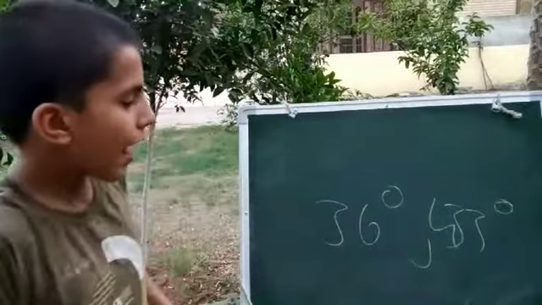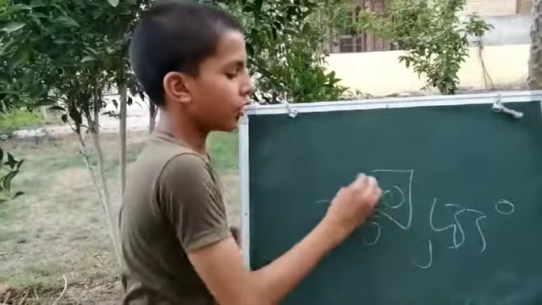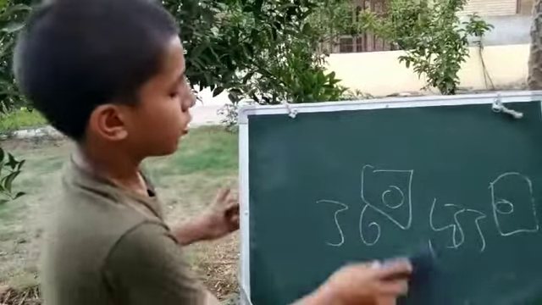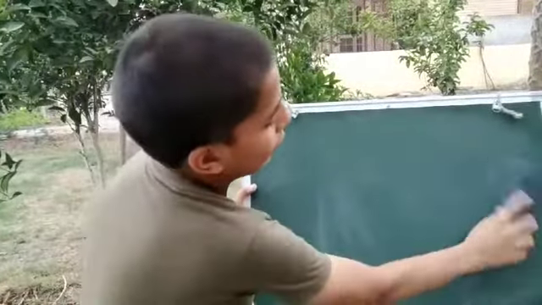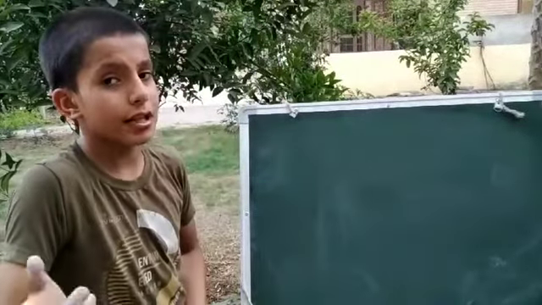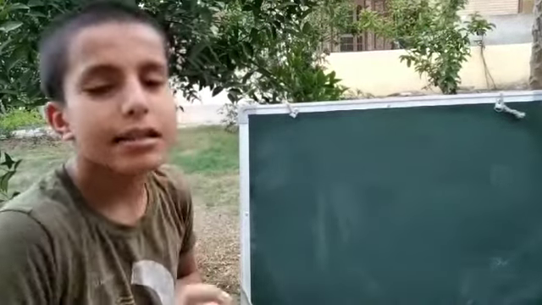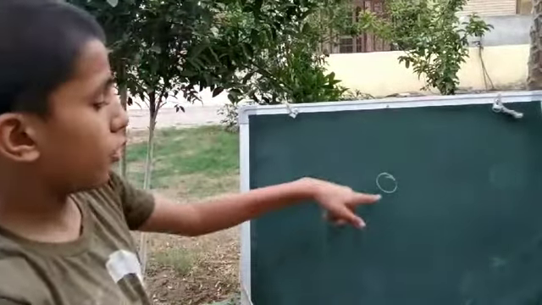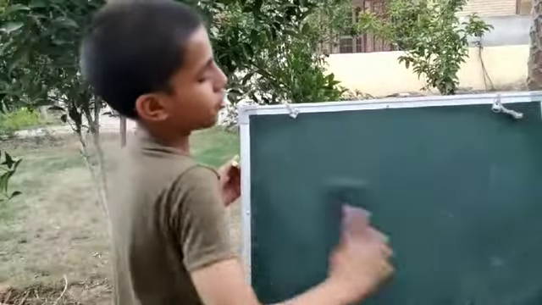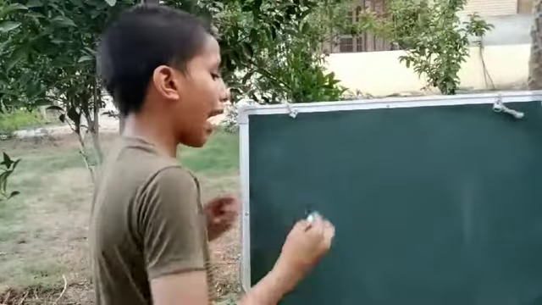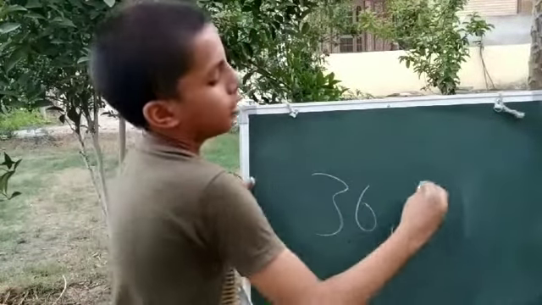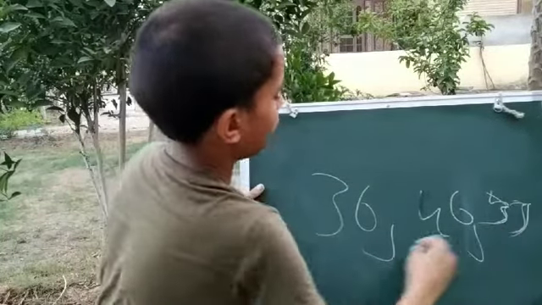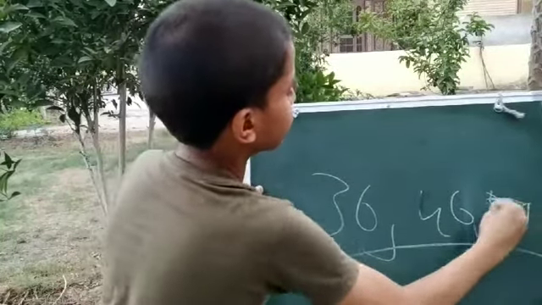And we also use this dot on the top to describe our weather, like 23 degrees Celsius, but in degrees there is only this dot. If you write 36, 46, 43, 33, like this.